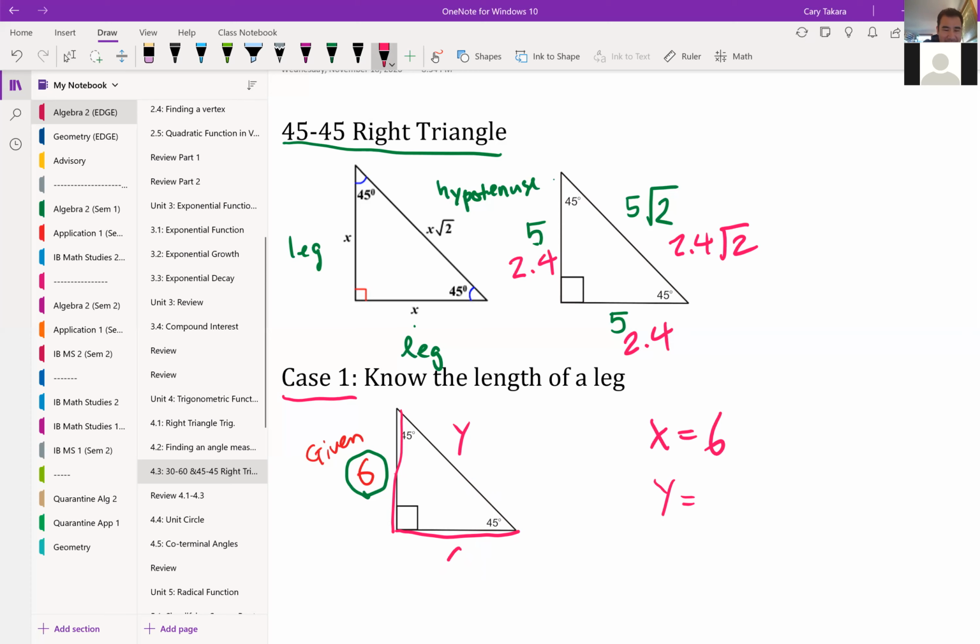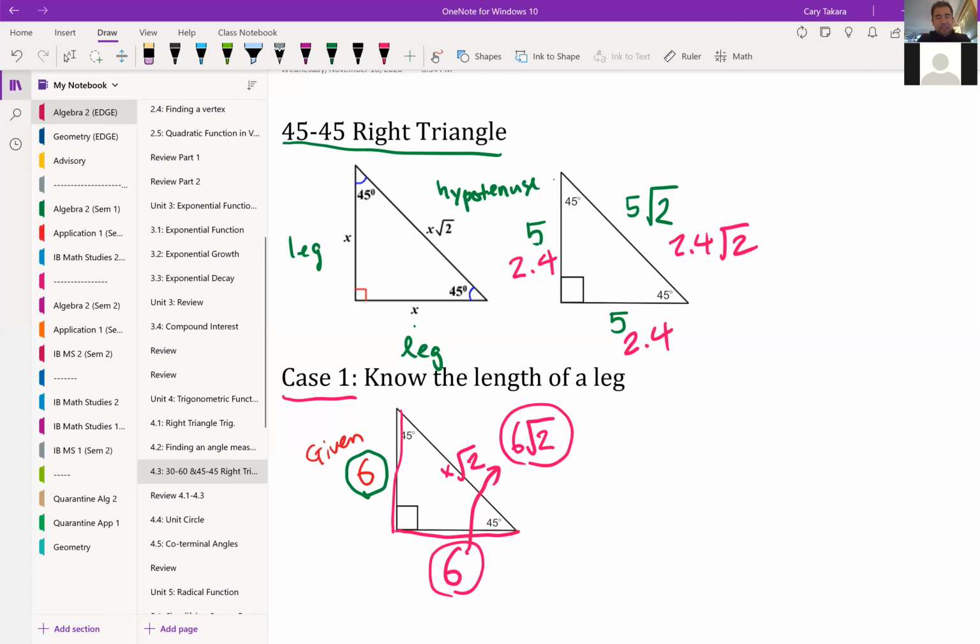So the other leg is 6, right? Now, in order to figure out this side, you multiply by square root of 2. So it will be 6 square root of 2. Let's erase that. Does that make sense so far? So let's write this down.